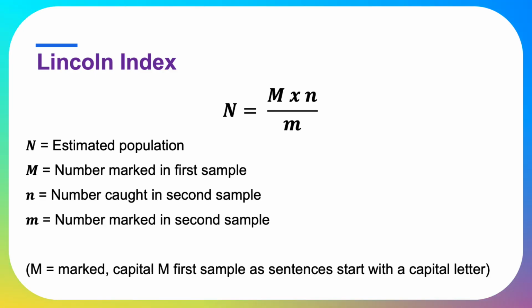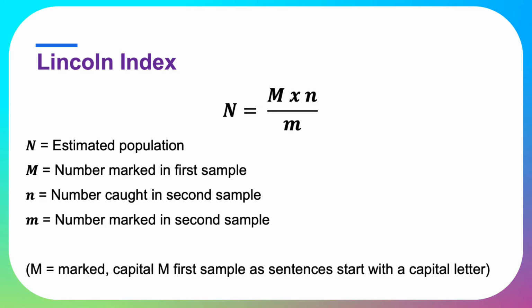Now that seems like a lot. And at the end of the day, in the external exam, they will give you the formula, but they won't tell you what each of these means. So you need a way of remembering it. This is what I think is the best way to remember it. Think about the M's, this M and this M. The M stands for marked. So it's numbers that are marked.